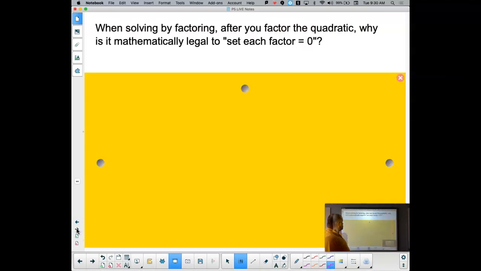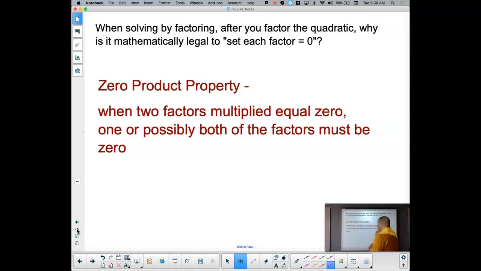Okay? When solving by factoring, after we factor that quadratic equation, it is mathematically legal to set each factor to 0 because of the zero product property. The zero product property says that when we have two factors multiplied to be 0, then one or possibly both of those factors must be 0.